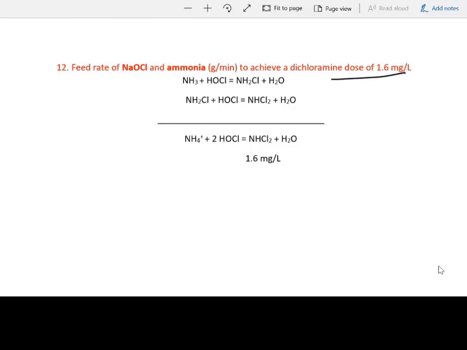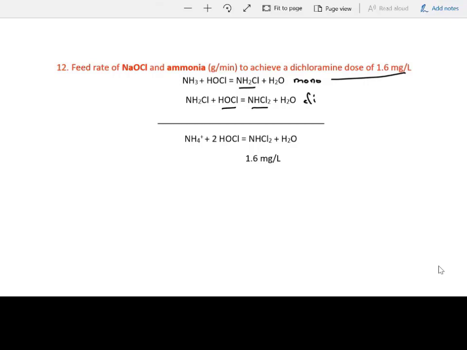So if we add ammonia and hypochlorous acid or sodium hypochlorite, what we would form first is the monochloramine. If we add additional hypochlorous acid or sodium hypochlorite, we form the dichloramine. So this is mono, and this is the di.